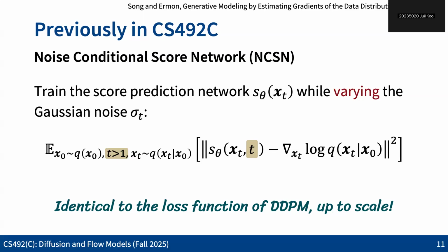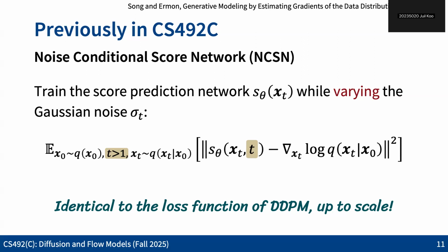We can see that the reverse process of the diffusion model is basically simulating this annealed Langevin dynamics. Basically, it starts from bigger Gaussian noise and then gets smaller, so that we can make better samples with more accurate score values.